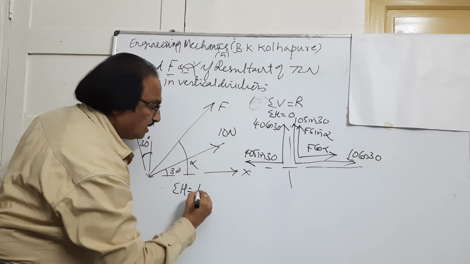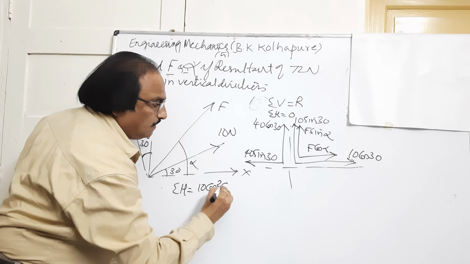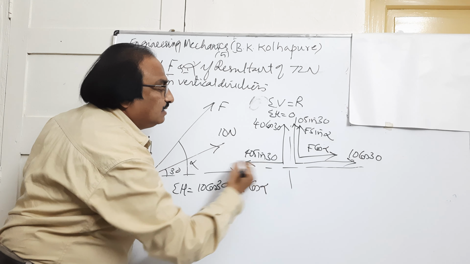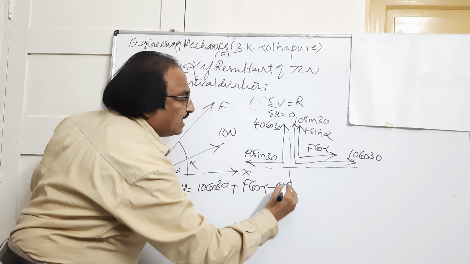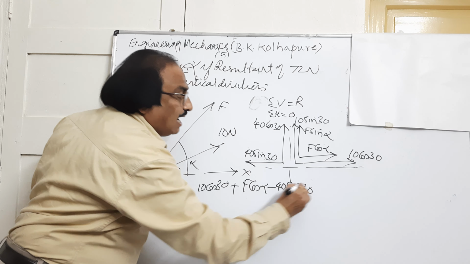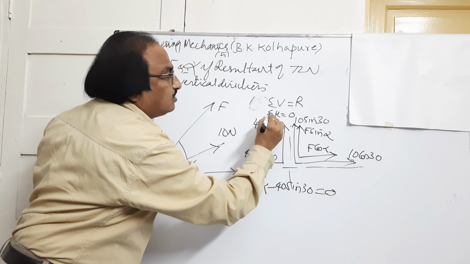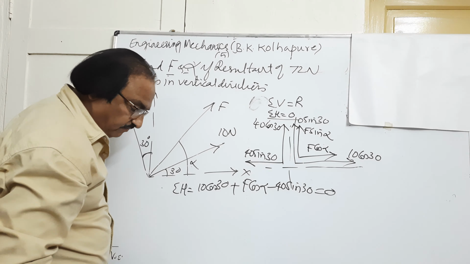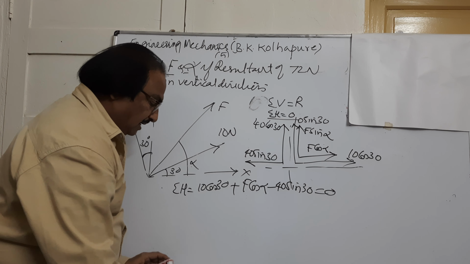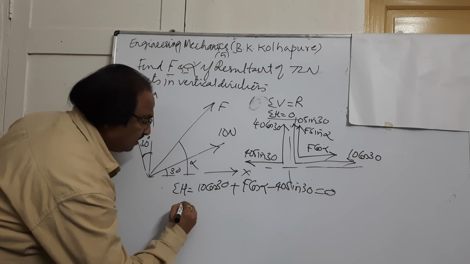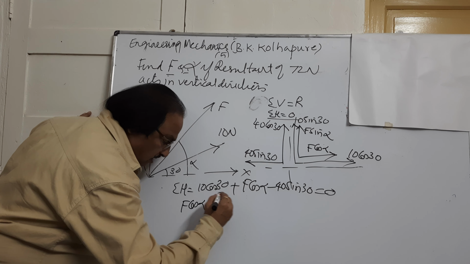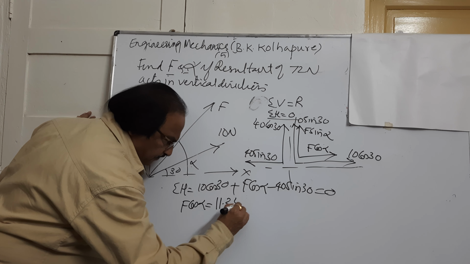Let us take this 10 cos 30 plus F cos alpha minus 40 sin 30, and this is equal to 0 because the resultant is vertical. So if you simplify this, you get an equation F cos alpha is equal to 11.34.